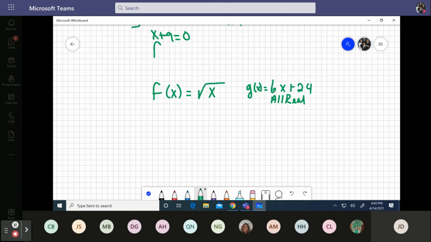But f of x isn't linear, is it? Under the radical sign, x has to be greater than or equal to 0, right? What would my composite function look like for f of g of x?